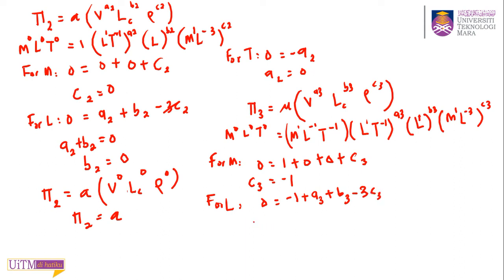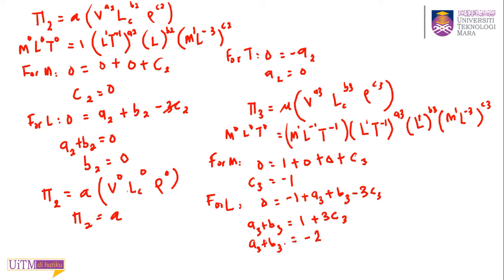So A3 plus B3 will equal 1 plus 3C3, and we know C3 is minus 1, so this will be 1 minus 3, which is minus 2. A3 plus B3 equals minus 2.